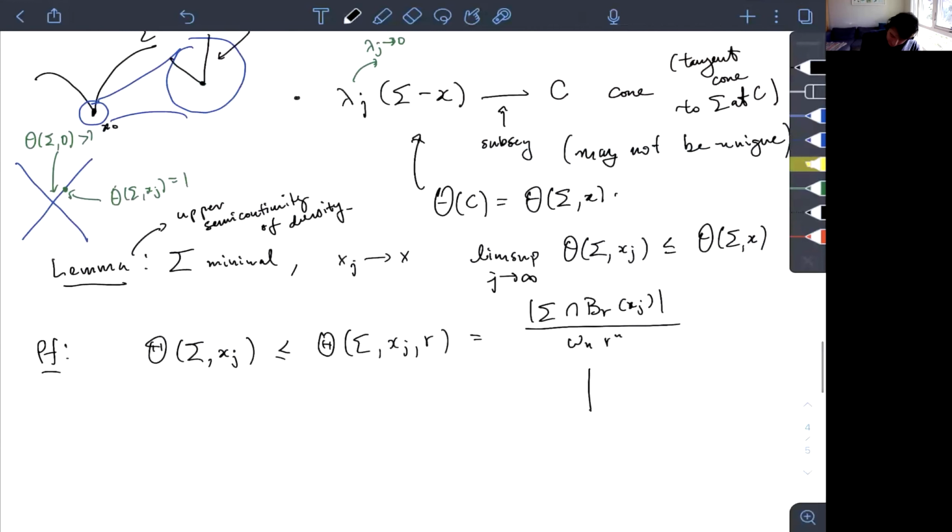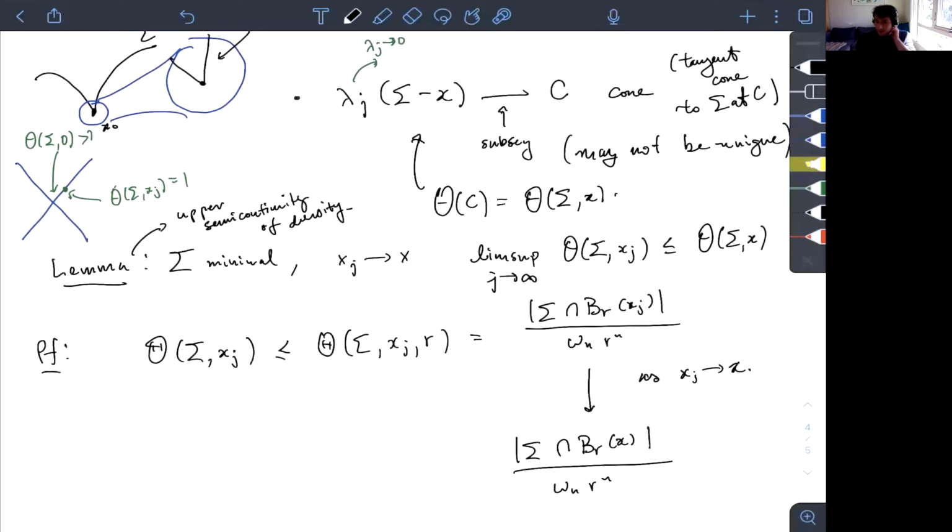If you ignore some technicalities, this limits to sigma. You might be worried about some weird non-tangential behavior here, but it's not a serious problem.